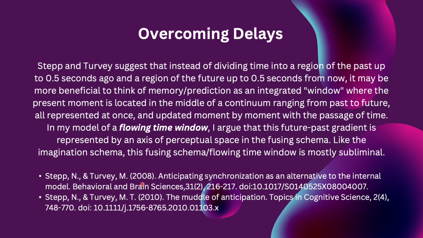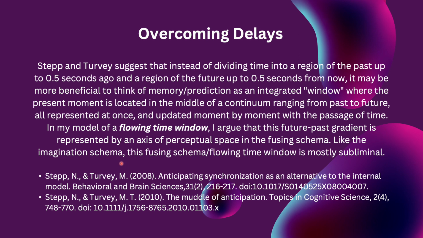These authors here suggest that instead of considering prediction and memory separately, we should look at 0.5 seconds into the future all the way to 0.5 seconds in the past as being a sort of time window. And in my model, I explicitly call this a flowing time window. In other words, you've got this future to past gradient represented by an axis within perceptual space in the fusing schema.